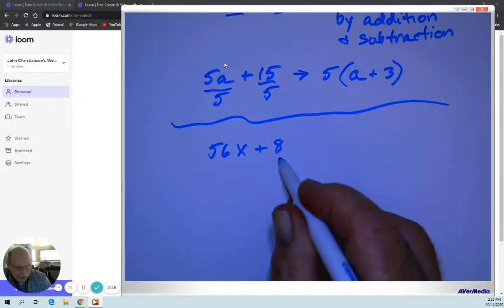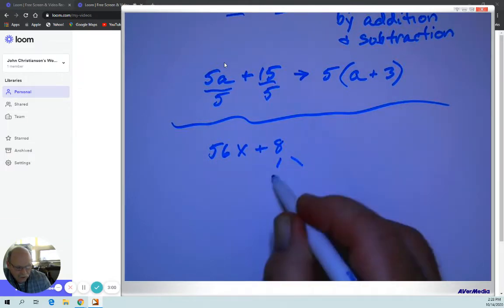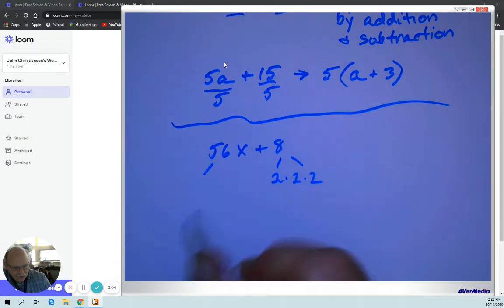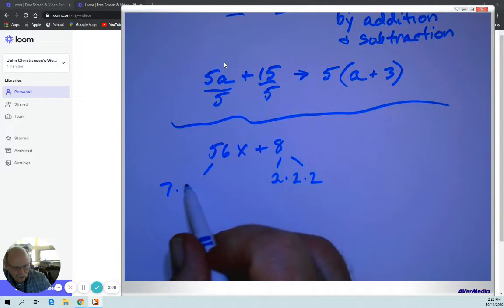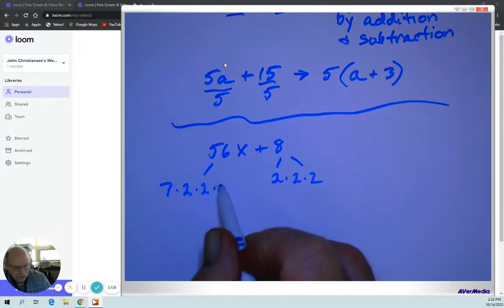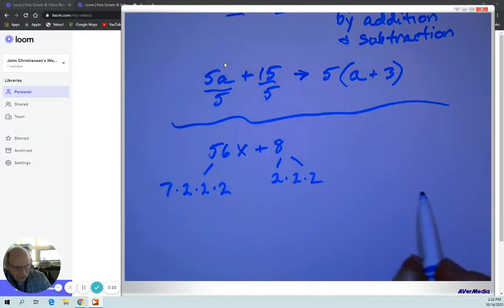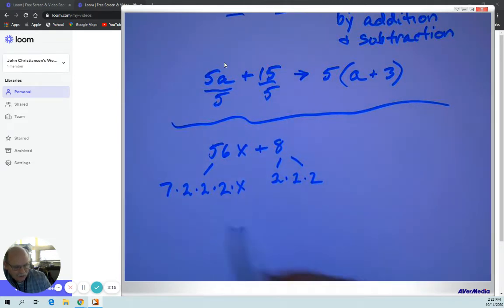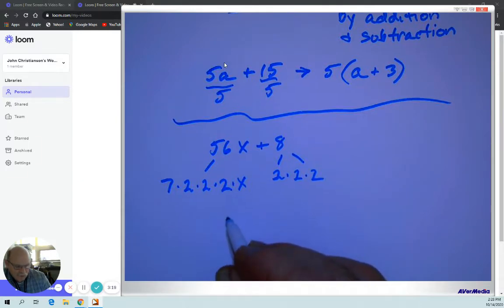What do I know about 8? I know that it's 2 times 2 times 2. What do I know about 56? I know it's 7 times 2 times 2 times 2, right? It's 7 times 8. So what do they have in common? They have in common 2 times 2 times 2, right? So the greatest common factor of those terms is 8.